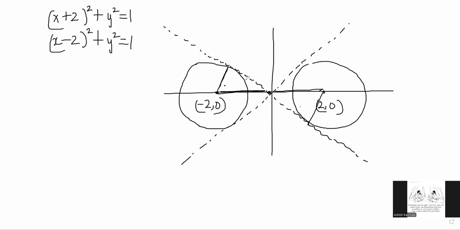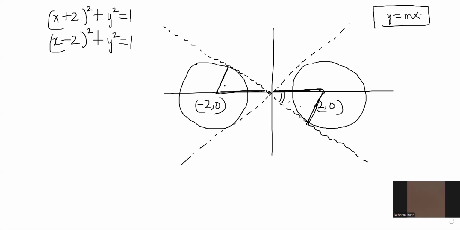And therefore the transverse common tangents, you can sort of say that they will be of the form y is equal to mx first of all, right? And the slope also can be obtained because you can see radius of this circle is 1 and this distance is 2, right? Yes, sir. So we can figure out this angle, no? Do you understand what I'm saying? Yes, sir. So you can easily find the equation of these tangents because this angle is known, correct?